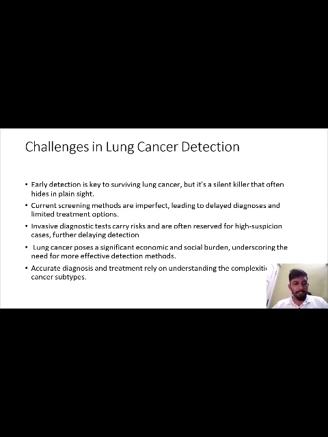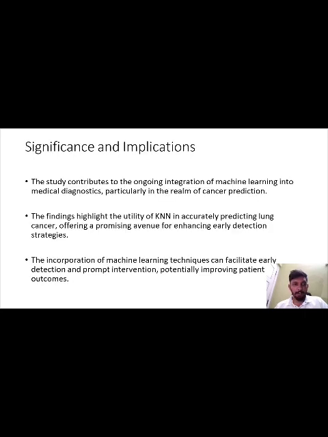Lung cancer poses a significant economic and social burden, underscoring the need for effective detection methods. Accurate diagnosis and treatment rely on understanding the complementary cancer subtypes.